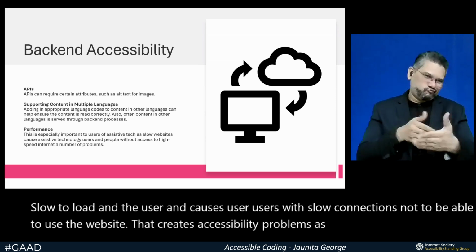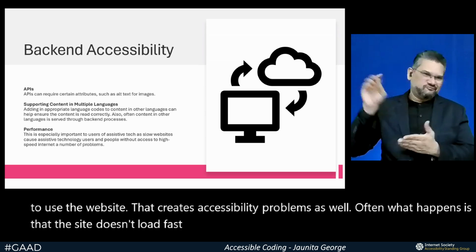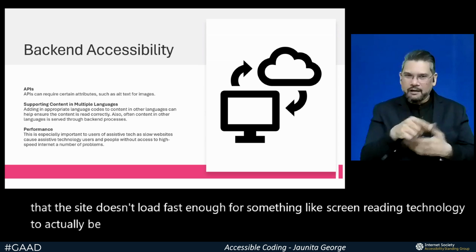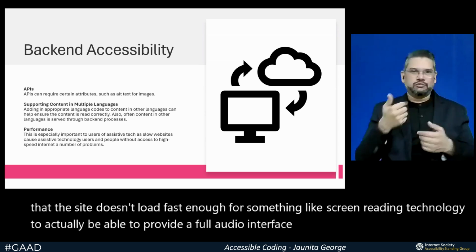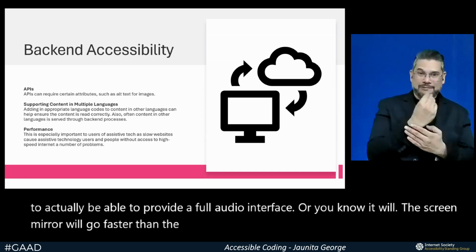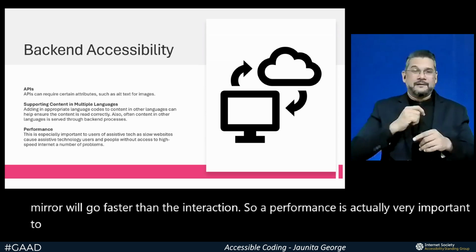Often what happens is that the site doesn't load fast enough for something like screen reading technology to actually be able to provide a full audio interface, or the screen reader will go faster than the interaction. So performance is actually very important to accessibility, but also just general usability.